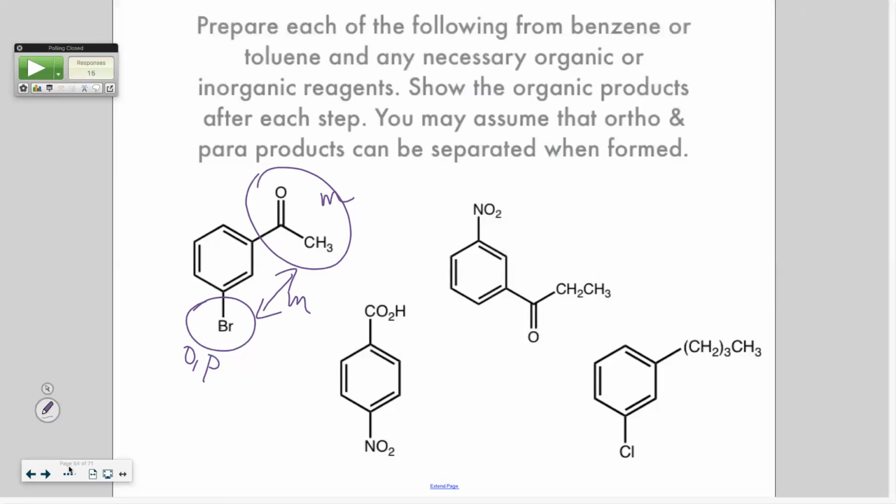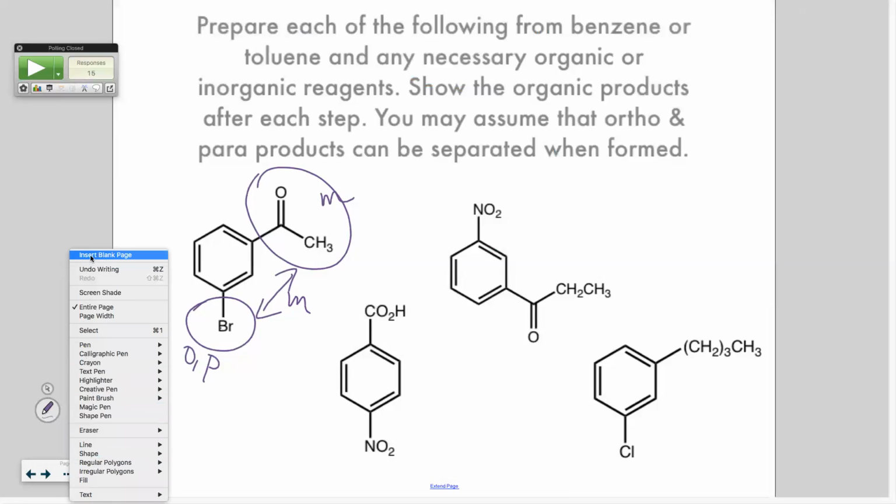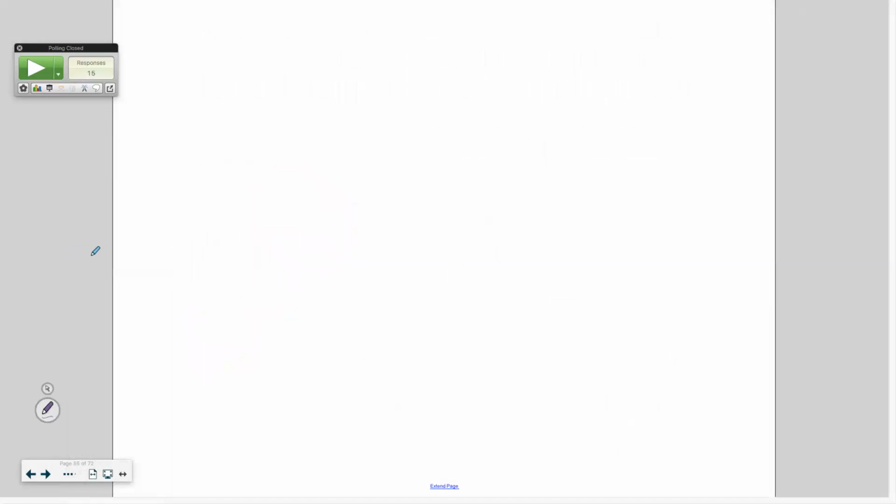Okay, so I have to insert a blank page. Now, do you want to start with benzene or toluene? Y'all know what toluene is, right? What are we starting with, you think? Benzene. Okay. What am I going to put on first?